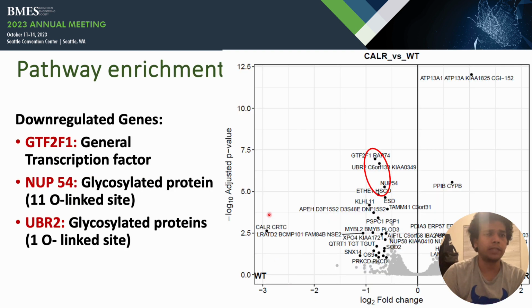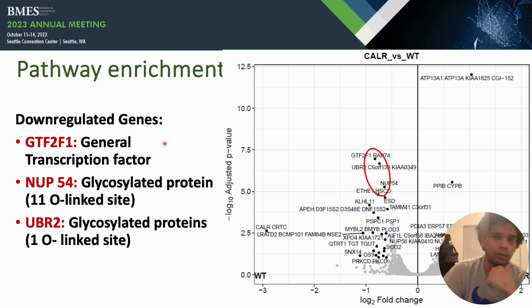And thereafter we did this pathway enrichment analysis with the help of this volcano plot, and the volcano plot is shown for the calreticulin knockout versus wild type. In this way, when we analyzed the highly downregulated proteins, we can find that there is a downregulation of the general transcription factor.